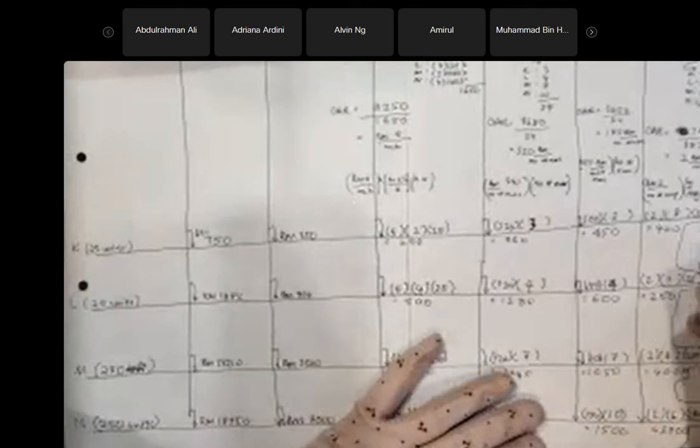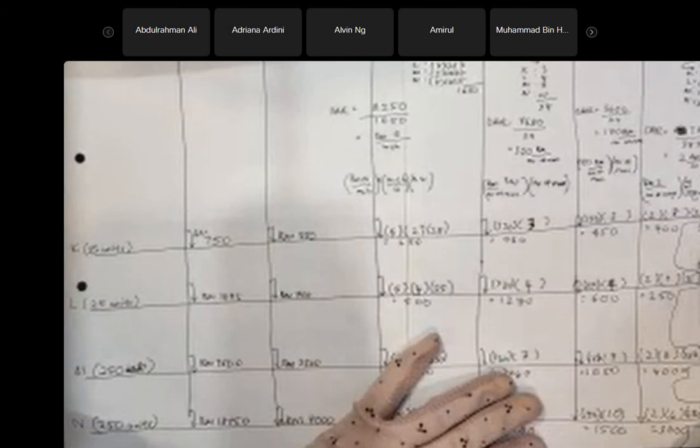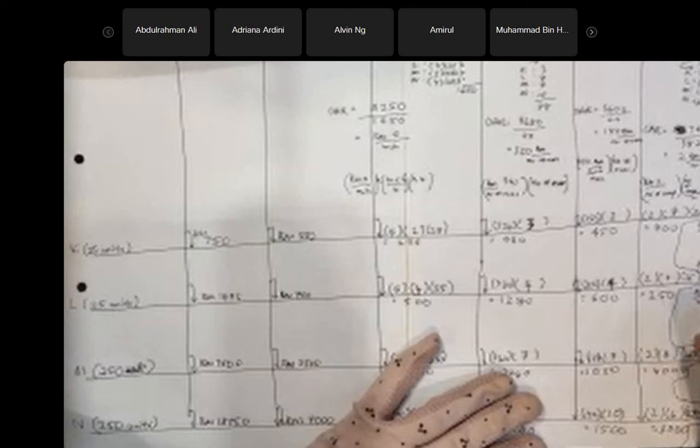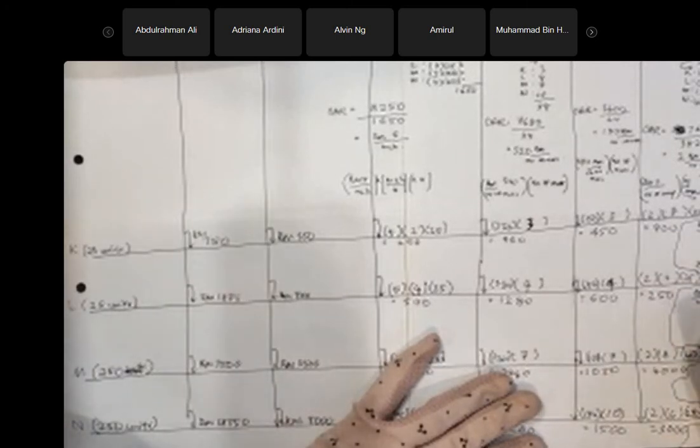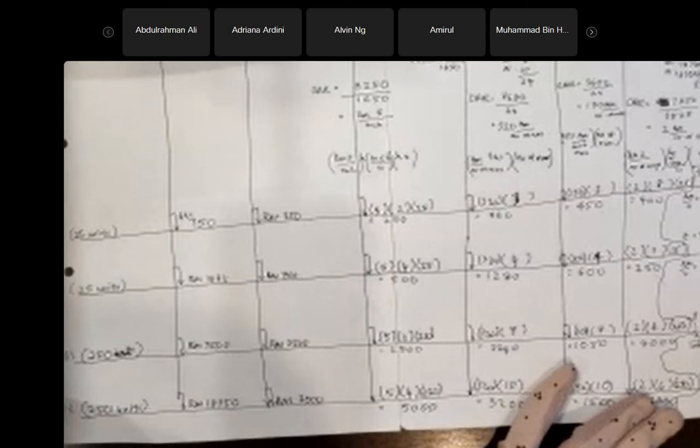For this part, the total is 520, so the RM per unit is 208. And for the 450, the RM per unit is 150.